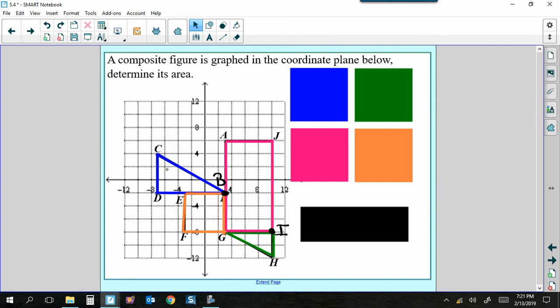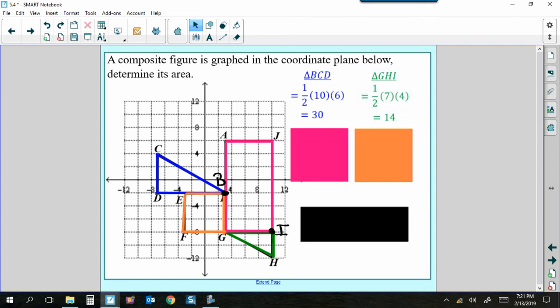Okay, so hopefully what you came up for the first one is that you have a triangle that is a base of 10 and a height of 6. We have 2, 4, 6, 8, 10, and 2, 4, and 6, so an area of 30. Our other triangle you should have gotten has a base of 7 and a height of 4, giving me an area of 14.